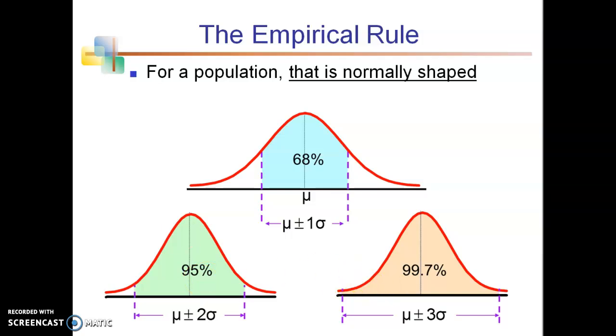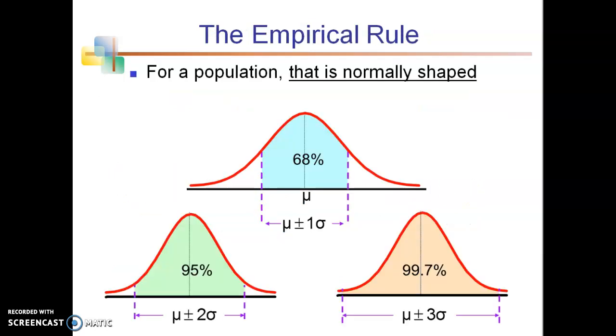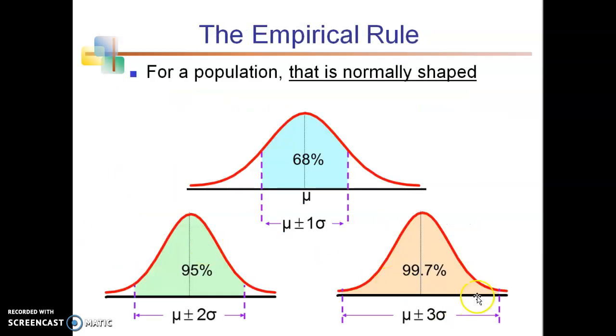So with Chebyshev's rule, 75% of data values were within 2 standard deviations. But with the empirical rule, 95% of data values are within 2 standard deviations. With Chebyshev's theorem, 89% of data values are within 3 standard deviations. But with the empirical rule, 99.7% of our data is within 3 standard deviations.